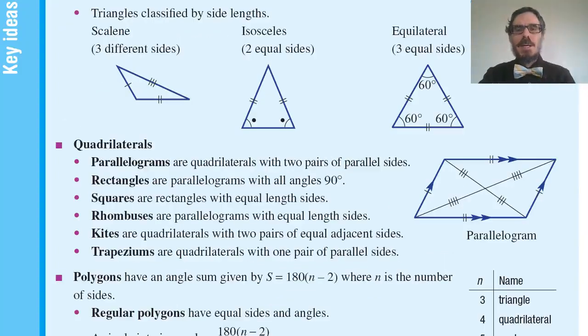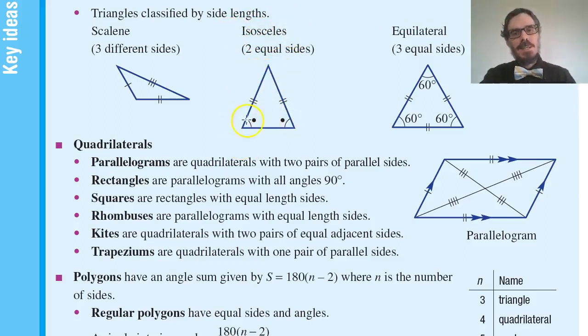There's another way to classify triangles as well, and that's using the side lengths. I find students usually have more trouble remembering these two names. A scalene triangle has three different lengths. Scale means length. Three different lengths is scalene. An isosceles triangle has two equal sides. Iso, the same; scale, the same length.